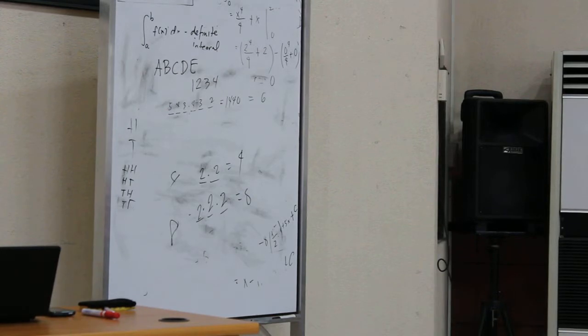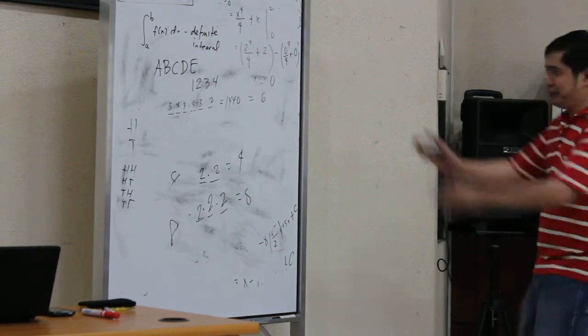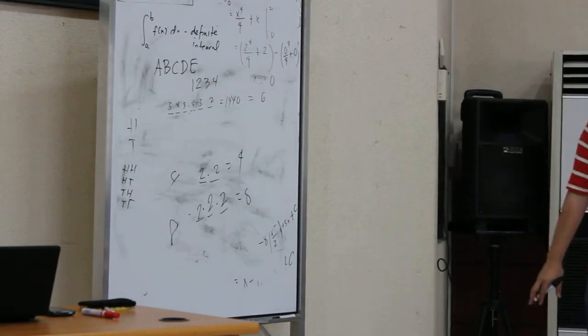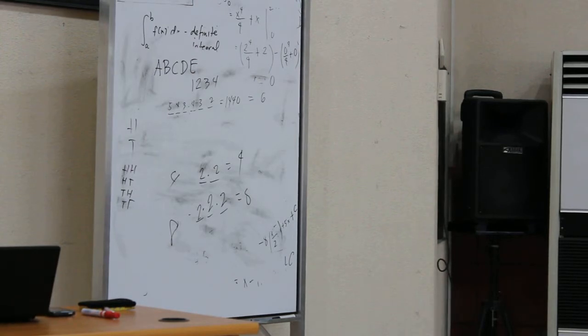For the same given, I just changed the condition this time. Letters and numbers can be repeated. How many license plates can you form again, with 3 letters and 3 numbers out of those 5 letters and 4 numbers, if letters and numbers can be repeated?